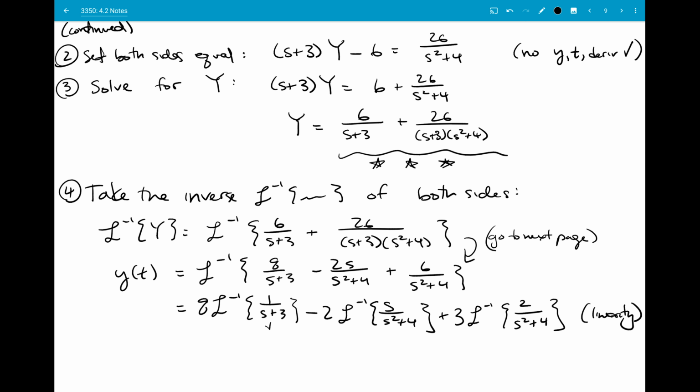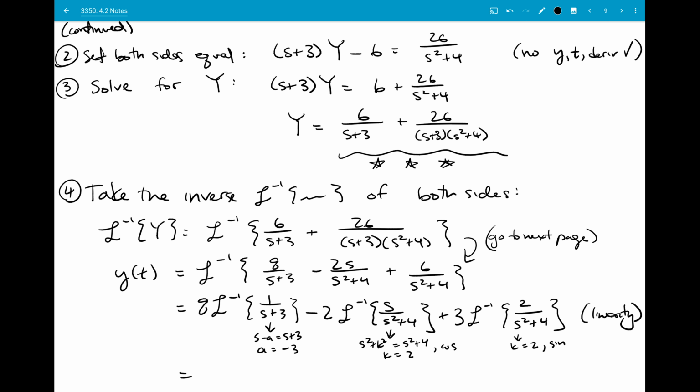Actually, I'll just write that out. s minus a equals s plus 3, so a is minus 3. And then this is a cosine looking thing, for s squared plus k squared equals s squared plus 4, so we must have k equals 2. And same thing right here, we must be looking at k equals 2, but this one for a sine and this one for a cosine, based on the top being an s or a number.